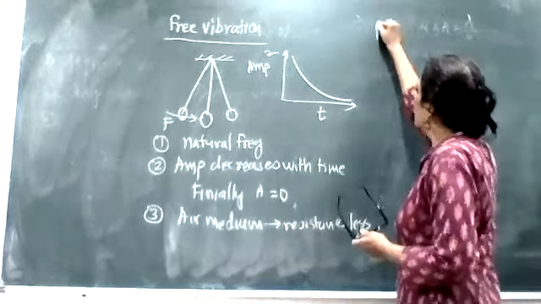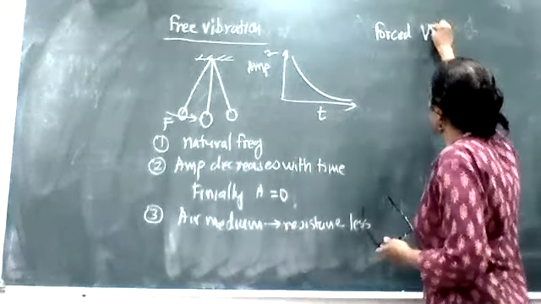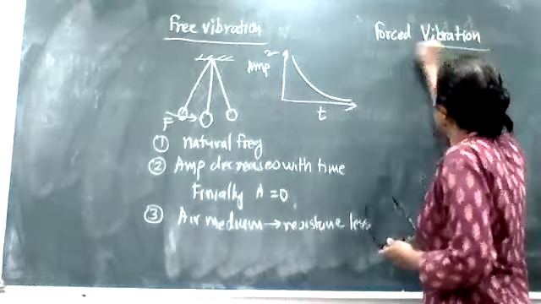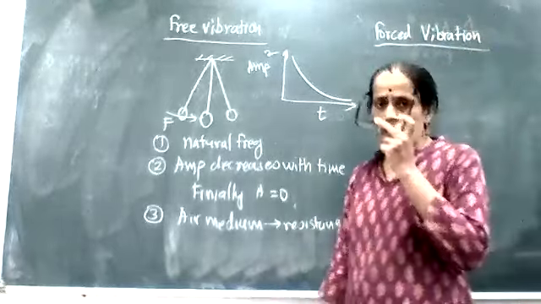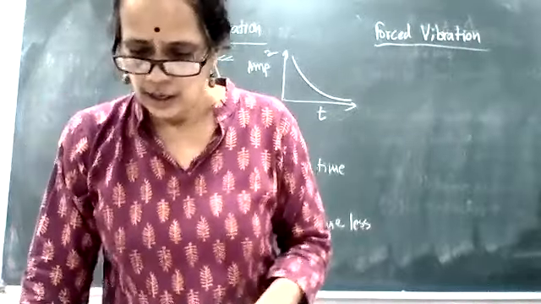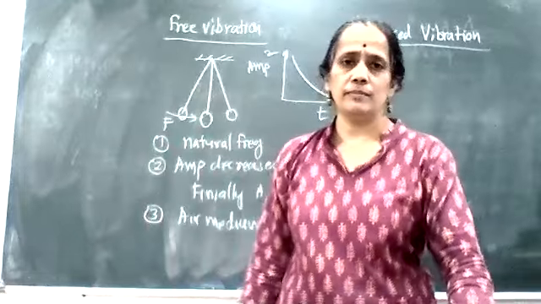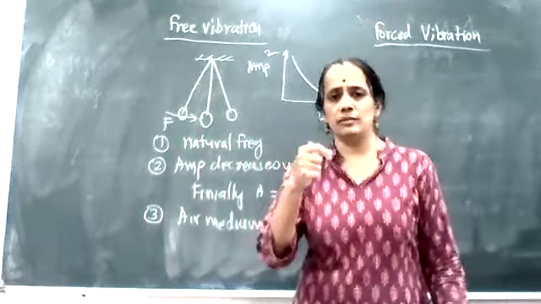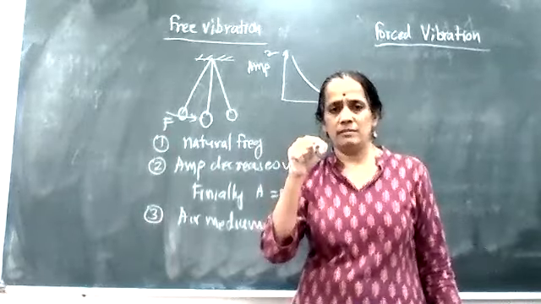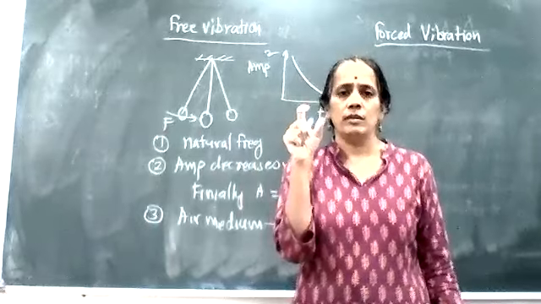Now the second type of vibration is called forced vibration. The famous example of forced vibration is a drilling machine. All of you know the drilling machine. That drill is vibrating and going inside the wall, and we get a hole.